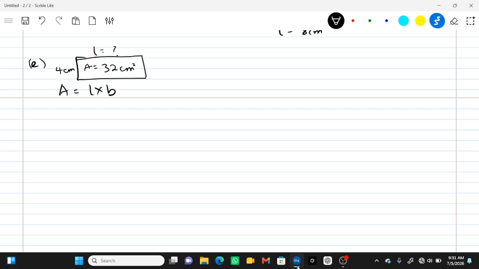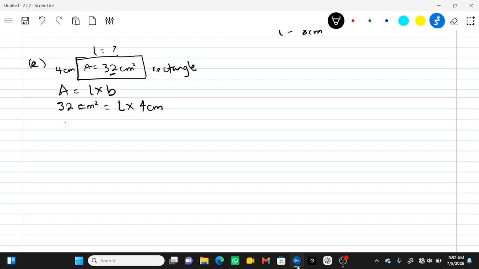This is a rectangle. So area is length times breadth, and the area is 32, so we come out with 32 centimeters squared is equal to the length, which is unknown, times here 4 centimeters.